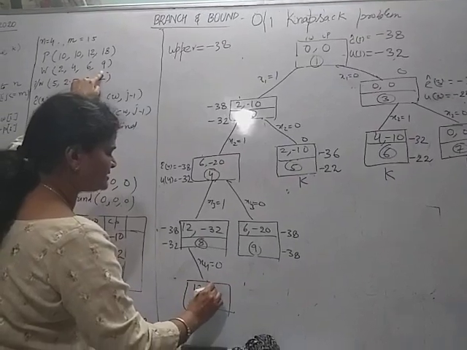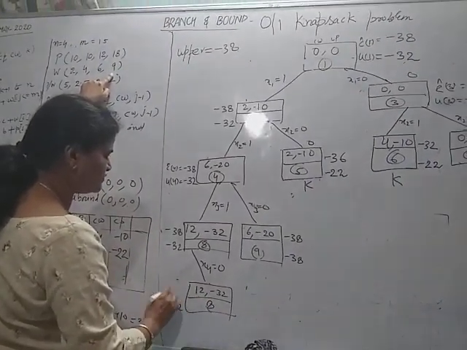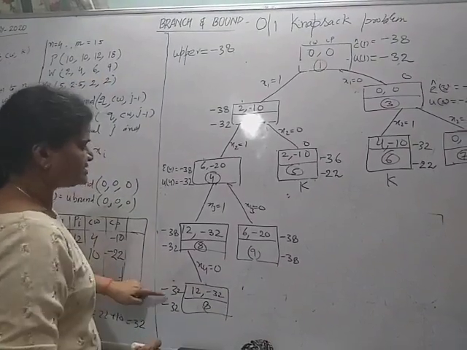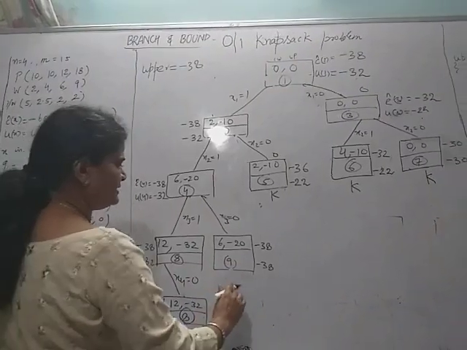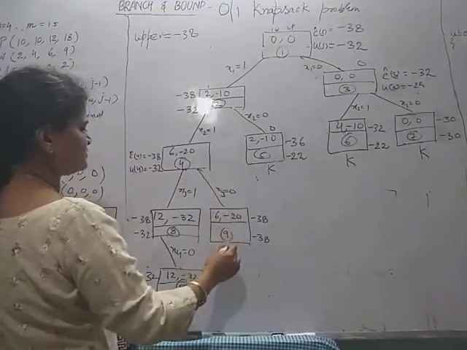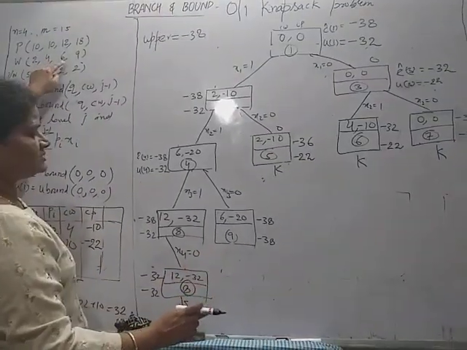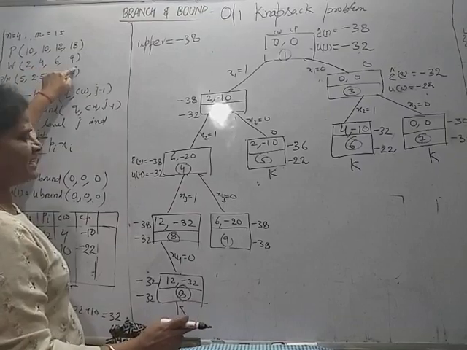So here simply this node, x4 equal to 0. 12 minus 32, 8, and here the minus 32, minus 32. This node is generated and this node is killed. Okay. And now here the 9: x3 is equal to 0, and now x4 equal to 1, 6 plus 9, 15.